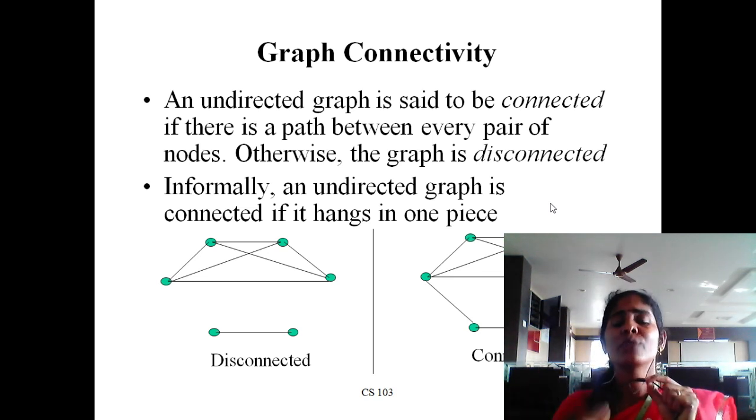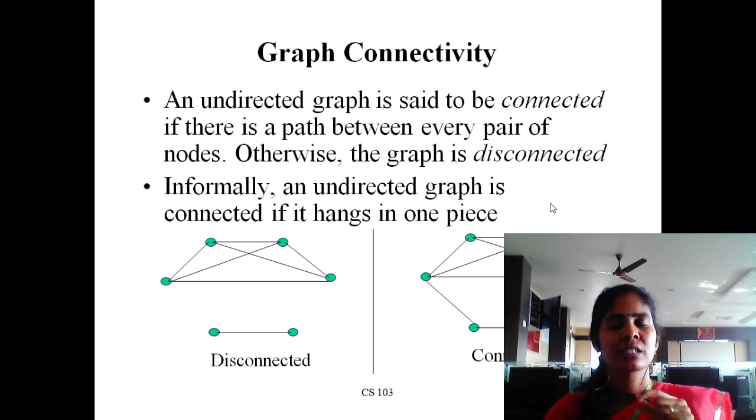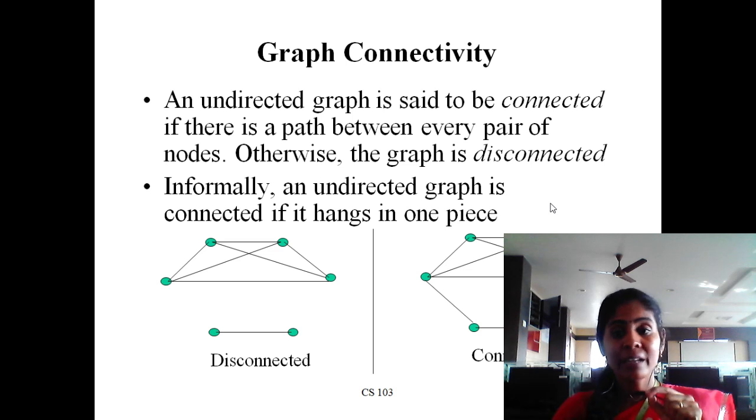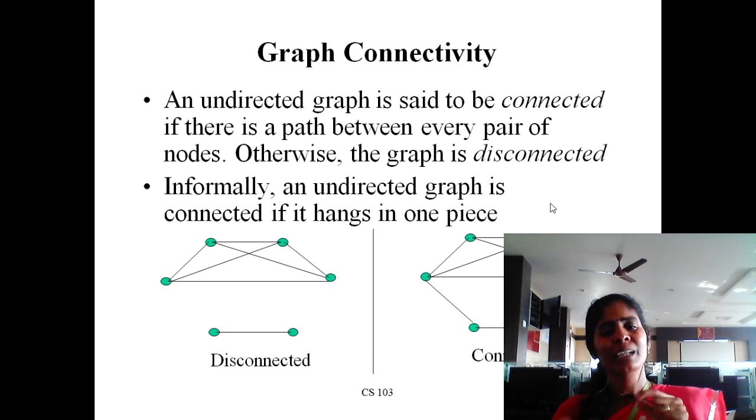If one node, or two nodes, are separate from the graph, it is called disconnected. For example, if we have six nodes, the four nodes are connected and the remaining two nodes are separate with no connectivity, the graph is divided into two parts, so it is called a disconnected graph.